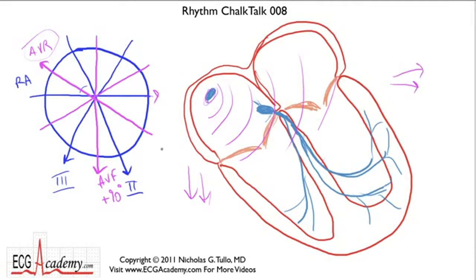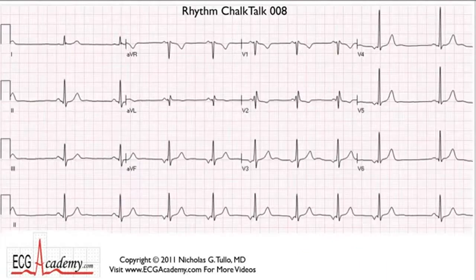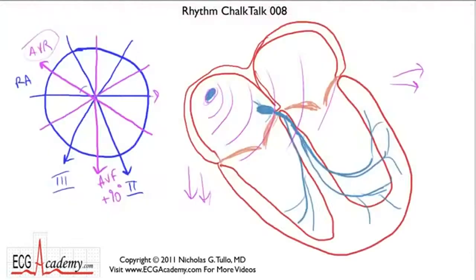But now in this ECG, what you see is that the P waves are negative in 2 and they're positive in AVR. That means that this P wave is arising from some unusual place.